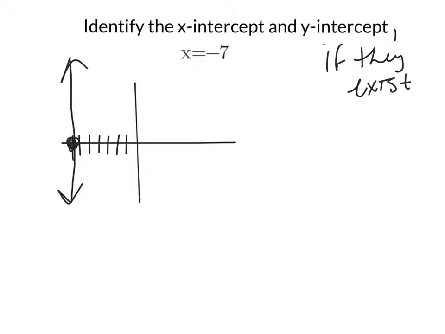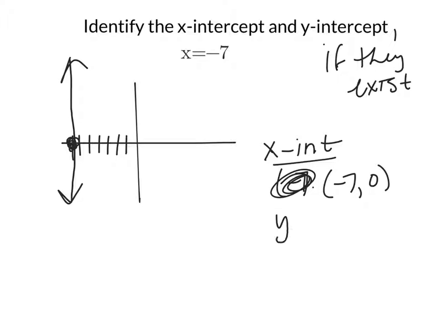Here's how I would write this answer. For the x-intercept, I would write the point (-7, 0). And then for the y-intercept, don't just leave it blank. I would say none. That way I know that you know that this vertical line has no y-intercept.